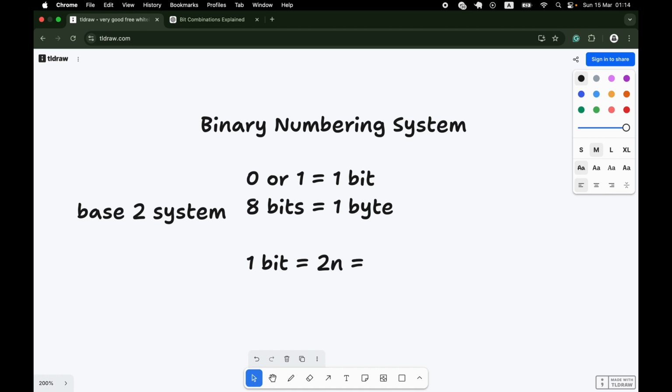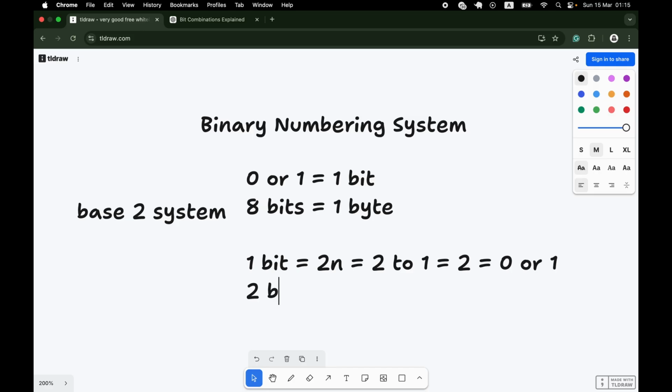If it is 1 bit, it's 2 to the power 1, which is 2. So the possible values for 1 bit are 0 or 1. Right?